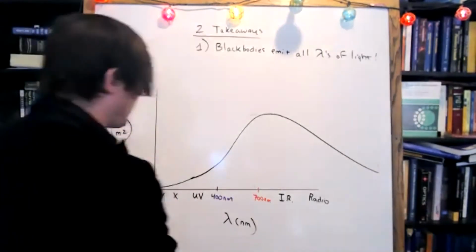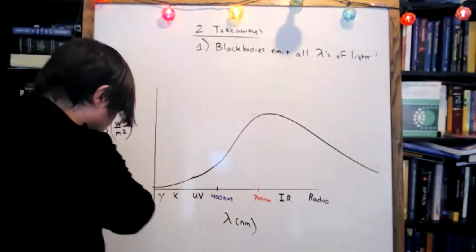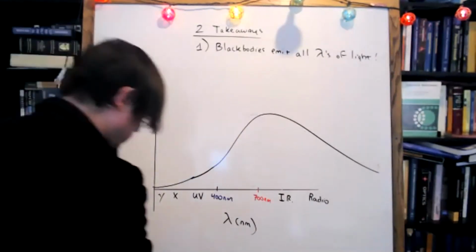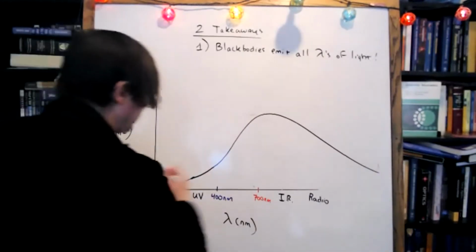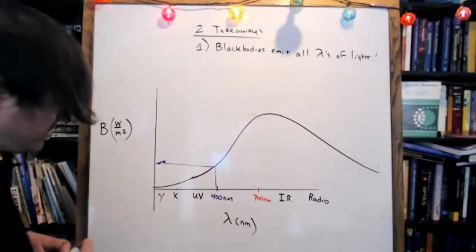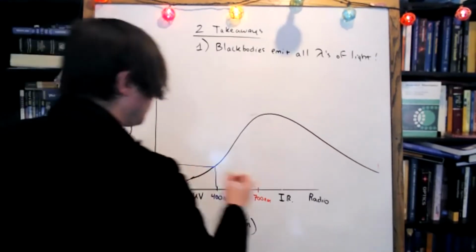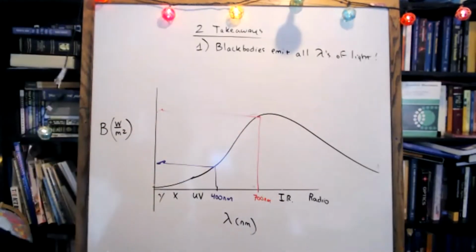For instance, if you said, does this blackbody emit purple light? Well, first of all, you could see that it does, but you can also see here, yes, I'm getting some purple light. Does this blackbody emit some red light? Yes, I'm getting quite a bit of red light.